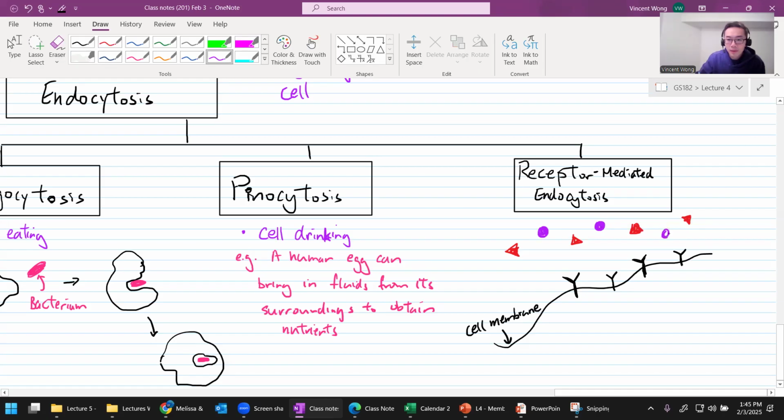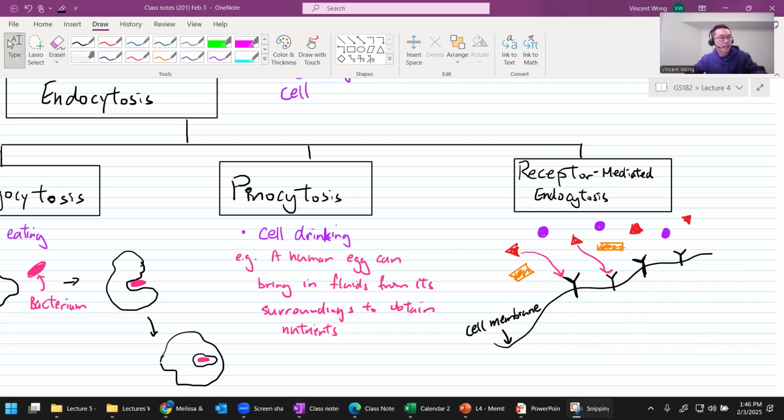Different shapes. And then you might have rectangle stuff, okay? So the receptors will only allow specific shapes to come in. They only allow particles of a particular conformation, particular shape to come in. So only the triangle will be able to bind, and then it will trigger this portion to form a vesicle, and then it brings it in just like phagocytosis.